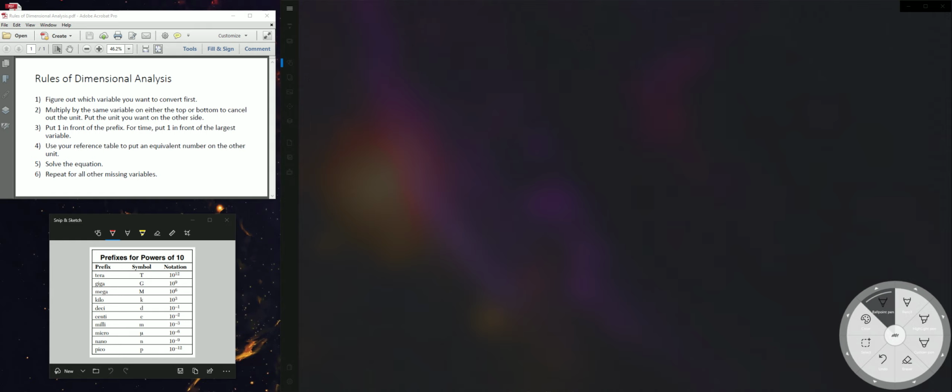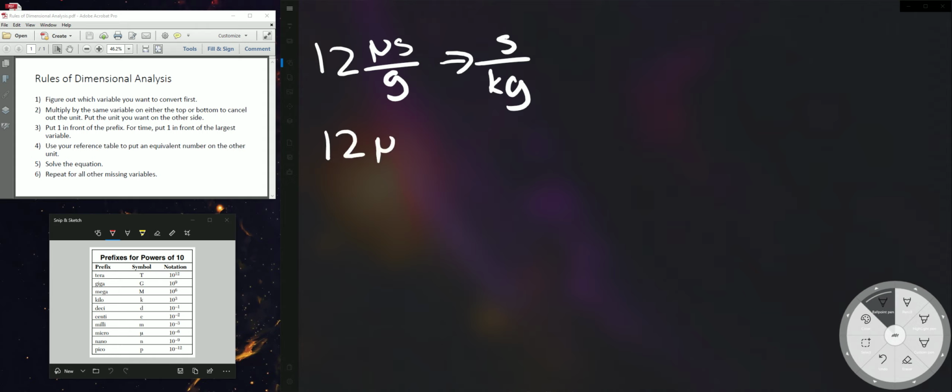Now let's move on to number 3. Number 3 says convert 12 microseconds over g to seconds over kg. Again, we're going to follow our rules of dimensional analysis. Figure out which variable I want to convert first. Let's say I want to convert microseconds first to seconds.